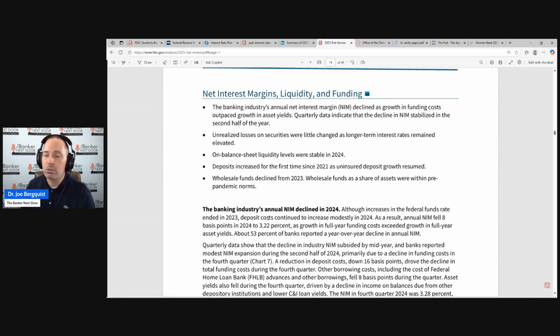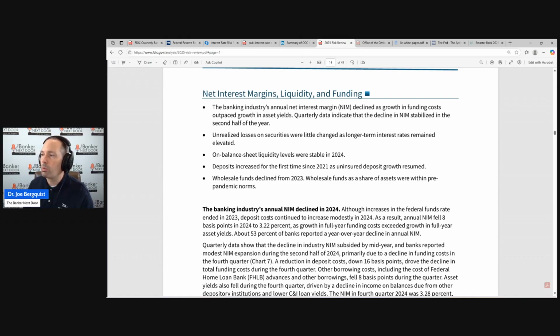Obviously, the banks are waiting for a lot of loans to mature because they're still at much lower interest rates, 3, 4, 5% from a few years back. As a lot of that debt starts to roll over, banks will start to get 6.5, 6.75, 7% on those loans, which will increase their margins, but that will take a little bit of time.